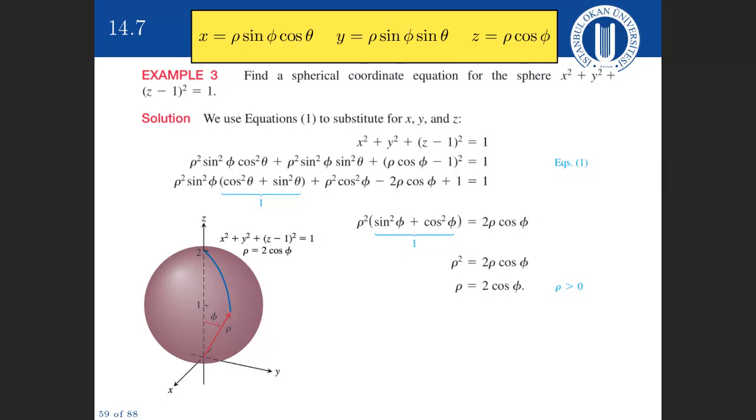And then we're going to cancel where we can. Of course, cos squared plus sine squared is equal to 1, and then again, cos squared plus sine squared is equal to 1. All cancels down, and we are left with rho is equal to 2 cos phi. This is the sphere. Rho is equal to 2 cos phi.